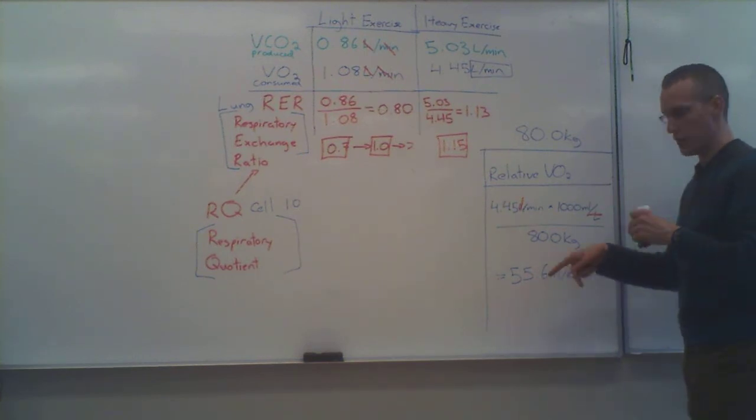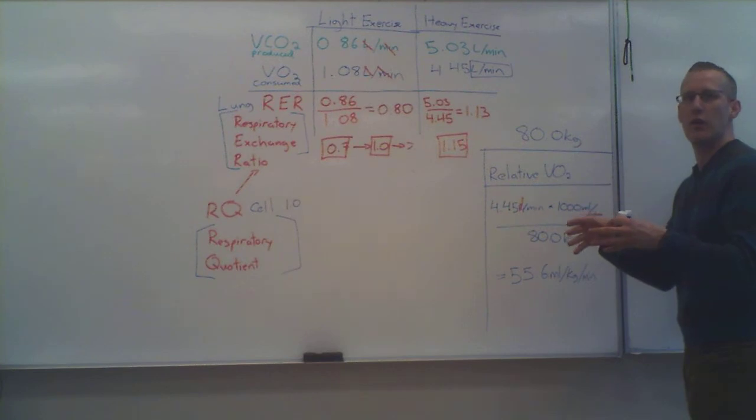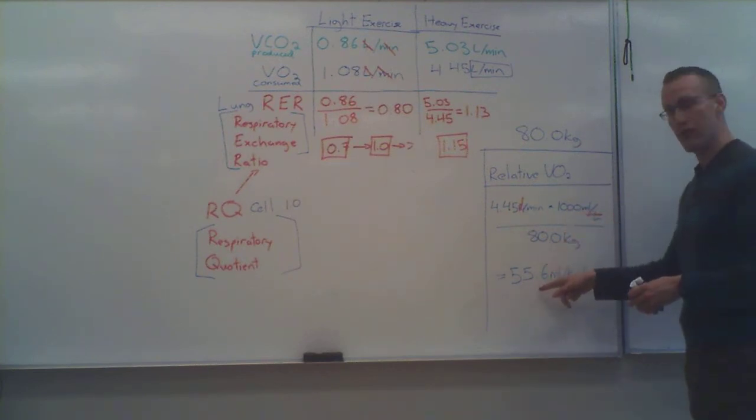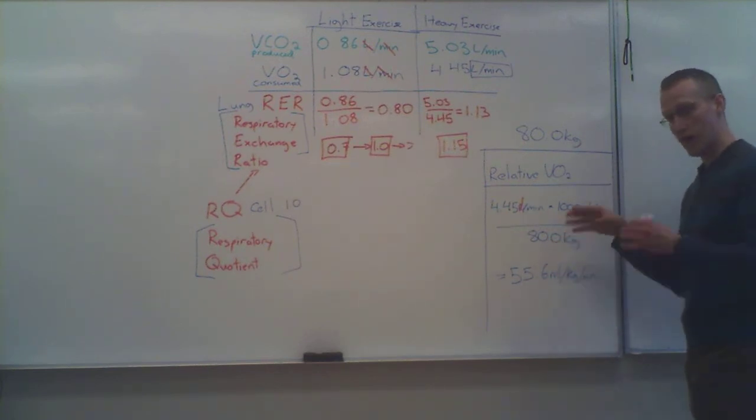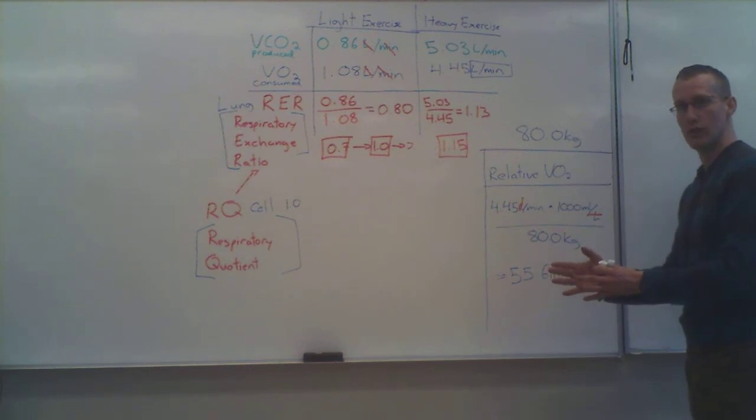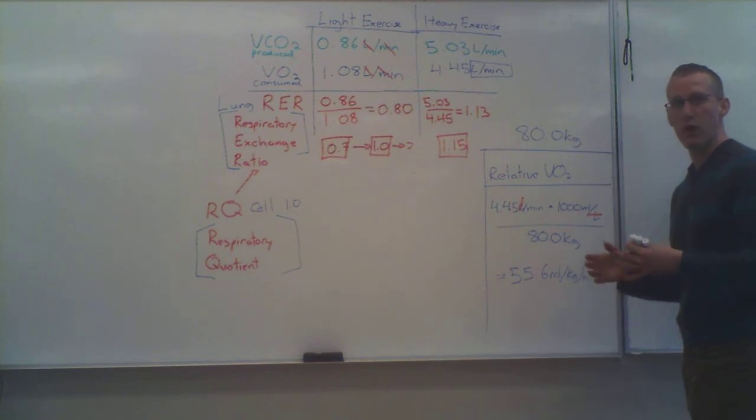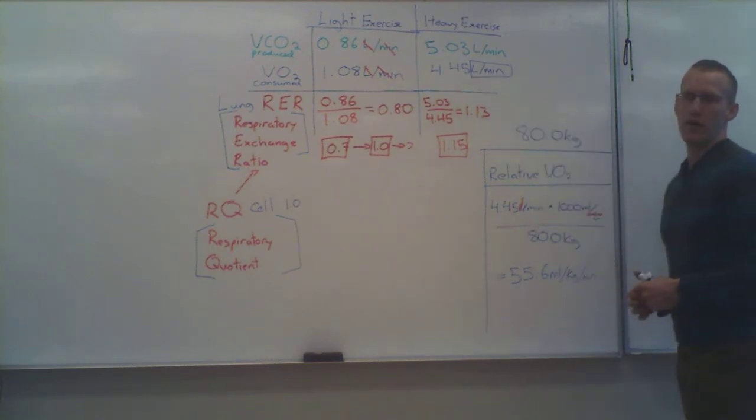So small athletes like marathon runners will have a larger relative VO2 if their body mass is smaller. Versus athletes where carrying their body mass doesn't matter as much, for example, a rower, where the absolute number just describes the size of their aerobic engine, which might be more important to that event.